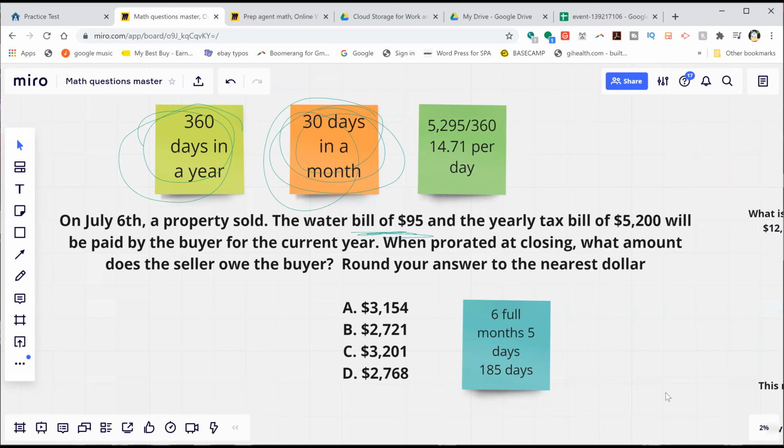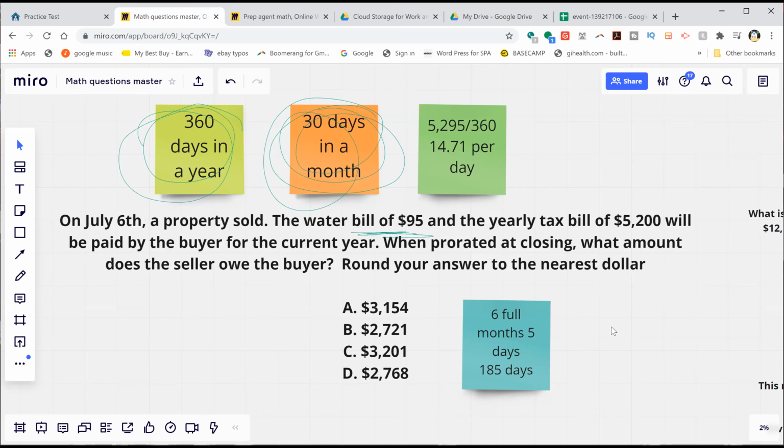Now, why do you break it down to days? Because I could take the 5,295 and break it down to a monthly number and then a daily number. But unless this closes exactly on the month, I'm going to have to break it down to a daily number. If it's closing on the 15th, the 5th, the 7th, the 8th, you're going to have to eventually break it down to the daily number. So why don't you just work in days from the beginning?